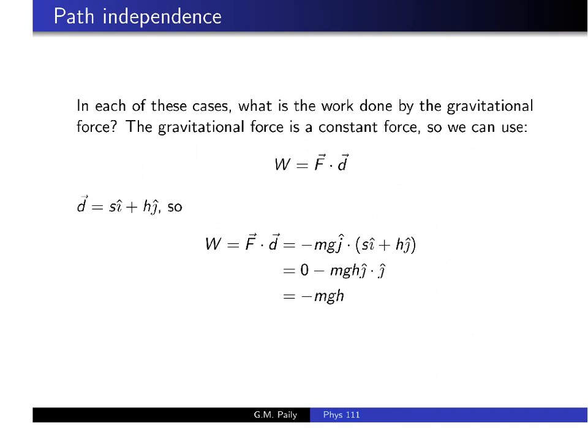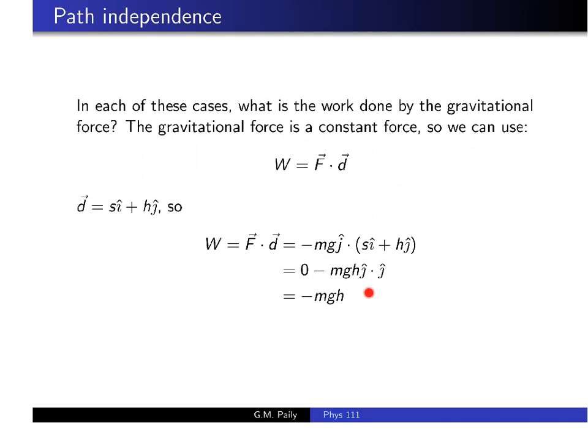Okay, but here's the important thing. This result applied for all those ways of taking the ball up. It didn't matter whether you just rolled it straight up or took it through a helicopter or used a really long winding path. All that mattered in the end was the initial height and the final height.